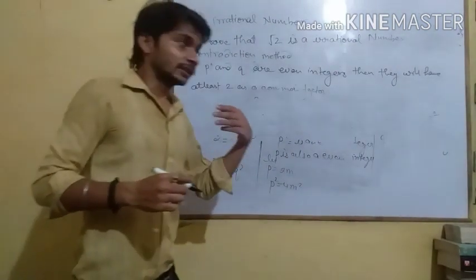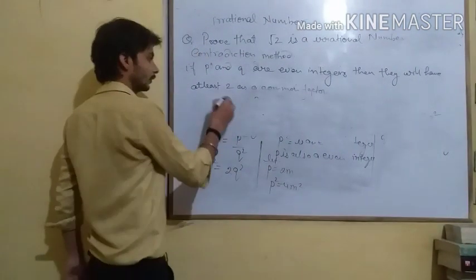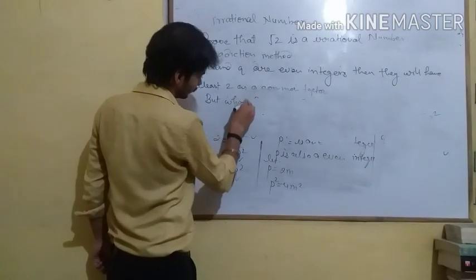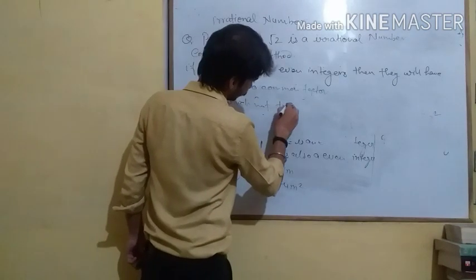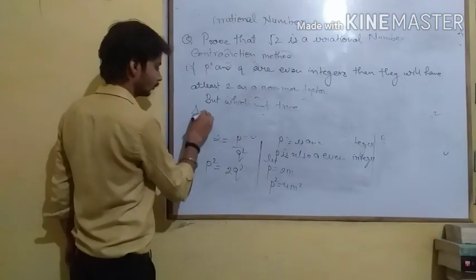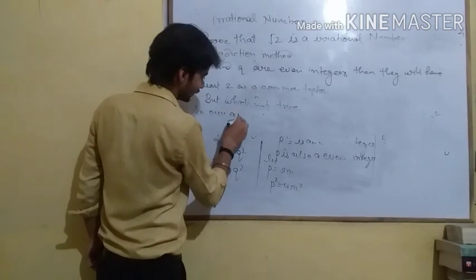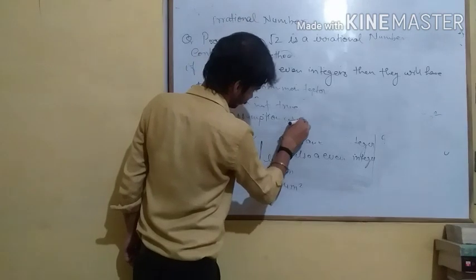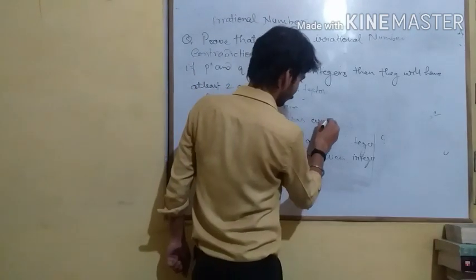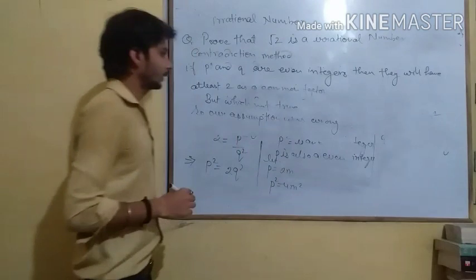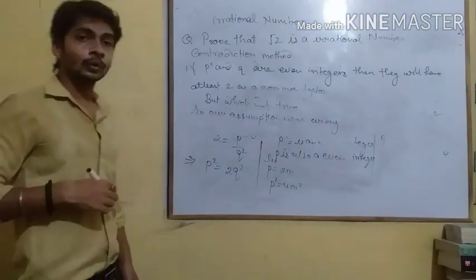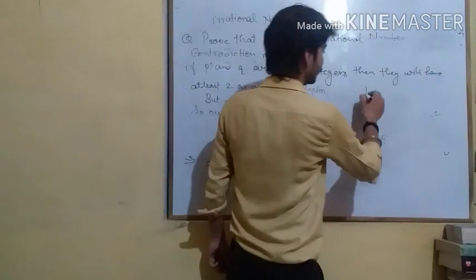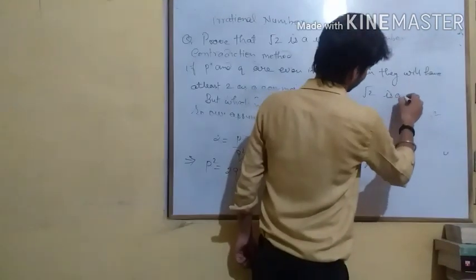But which is not true. So our assumption was wrong. That is, root 2 is not a rational number and root 2 is an irrational number.